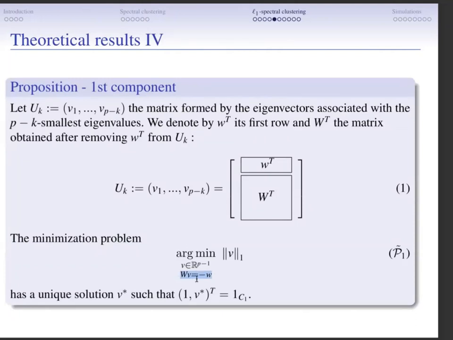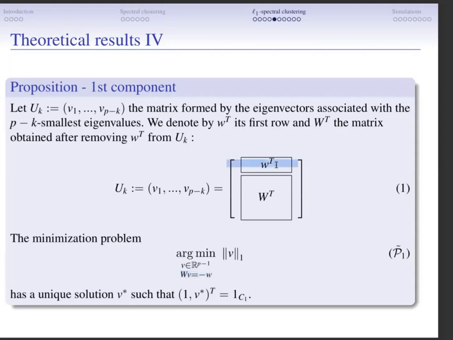We denote by U the matrix formed by all other eigenvectors. V_k was the eigenspace generated by the largest eigenvalues, and now we are focusing on the smallest eigenvalues, so we denote by U_k the eigenvectors associated with the smallest eigenvalues.